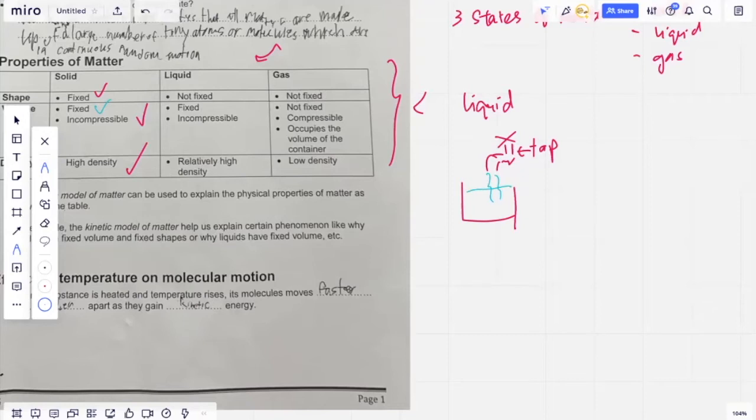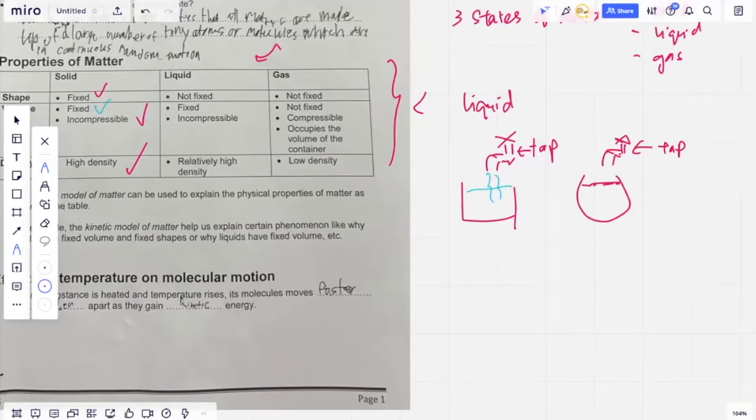If I put it into another container whose cross section is round, circular, the water will take the shape of the circular container, right?